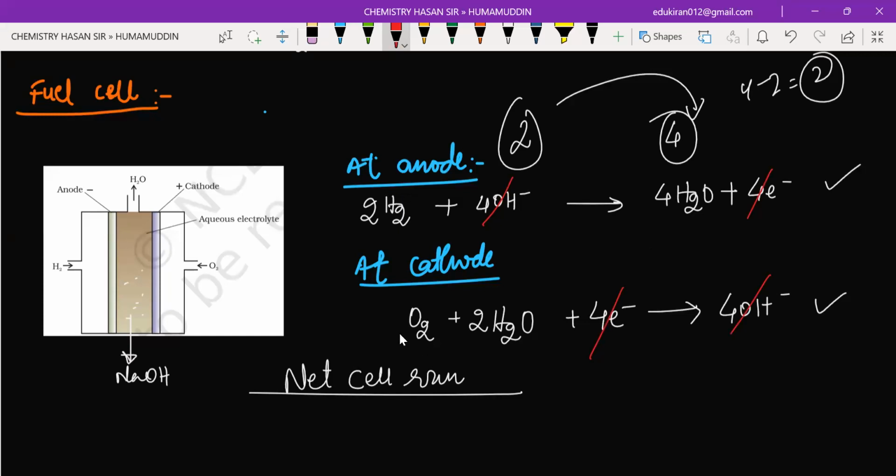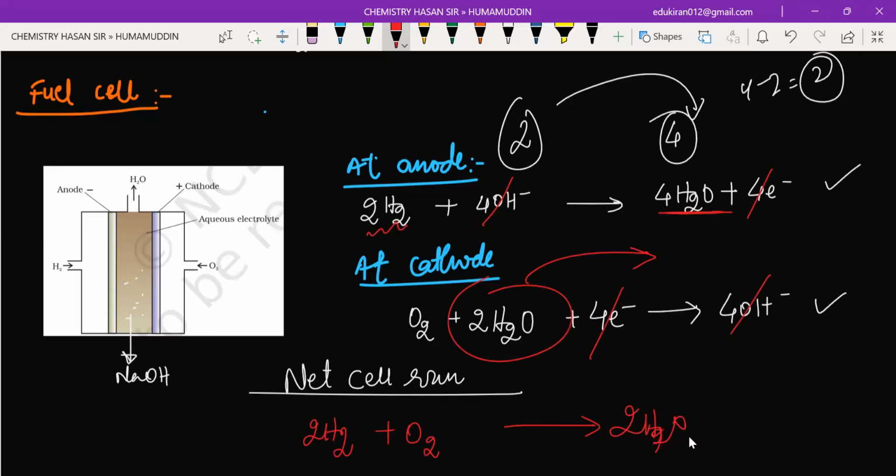Now you can see 2H2 on the left hand side combine with O2 to give 4H2O, and 2H2O is here. When it moves towards the right side, 2H2O will form only. Please do write it.